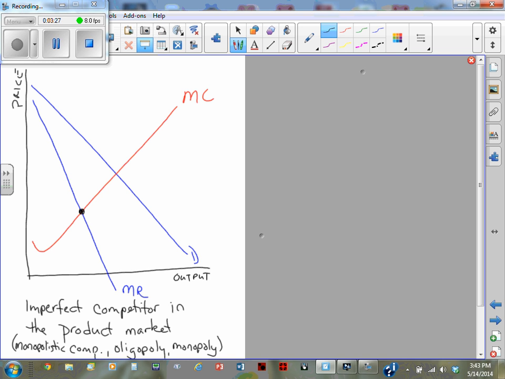So we're going to charge that consumer the most that he or she will be willing to pay. So our output will be determined by where marginal revenue and marginal cost cross. But our price will be determined by the intersection of quantity and the demand curve.